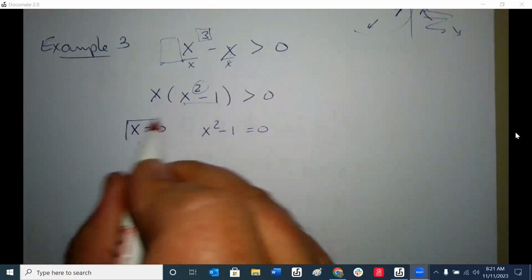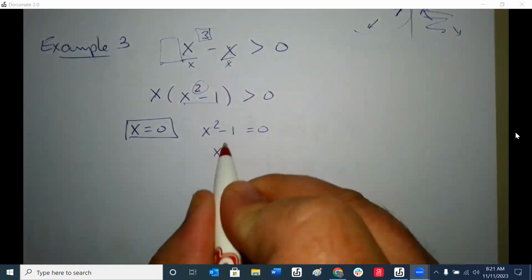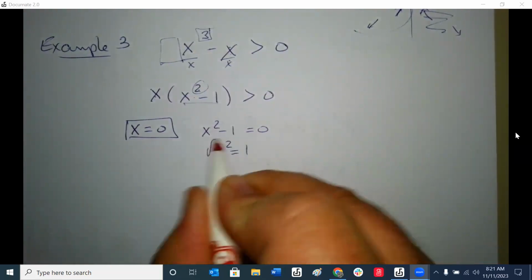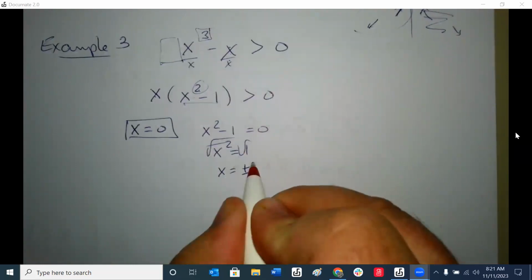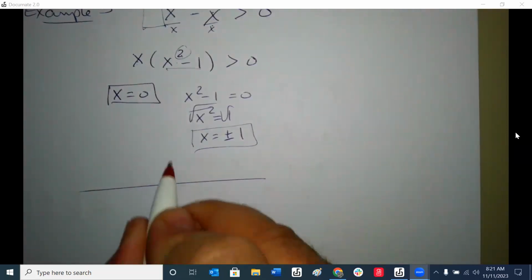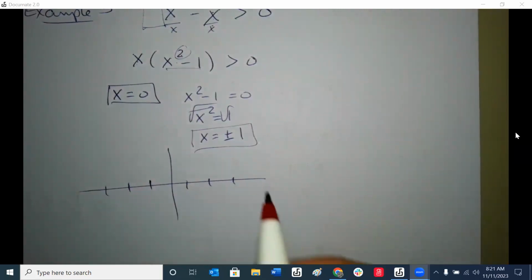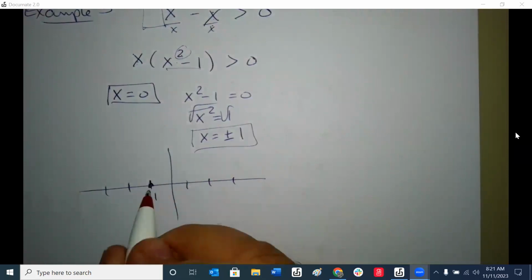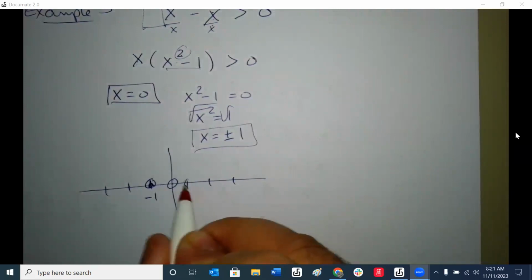So we have x equals 0 as one of our intercepts, our points. x squared equals 1, so x equals plus or minus the square root of 1, which is 1. So at -1, at 0, and at +1.